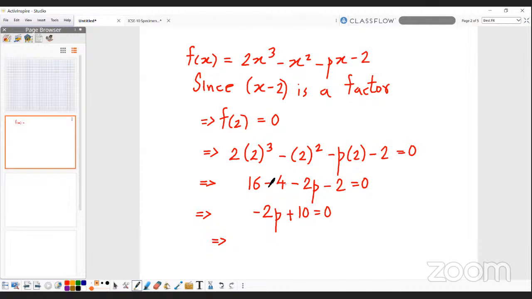Sorry, it will be plus 10, right? So 2p will be equal to 10. This will mean p is equal to 10 upon 2, which will be 5.